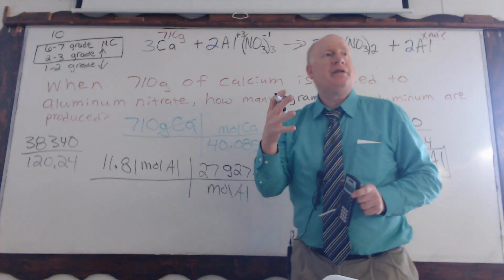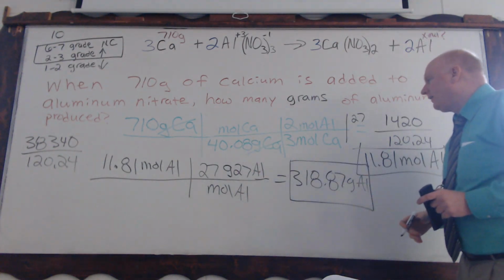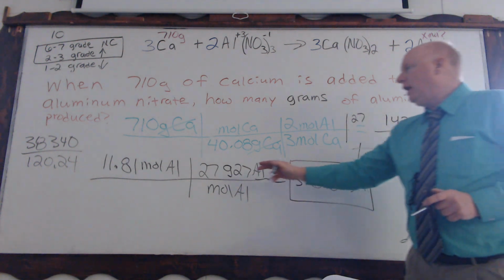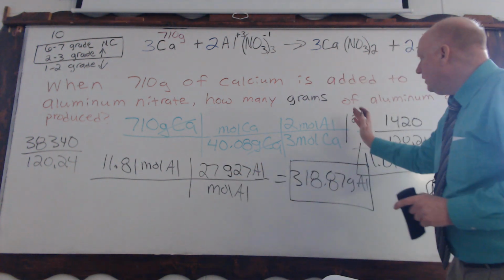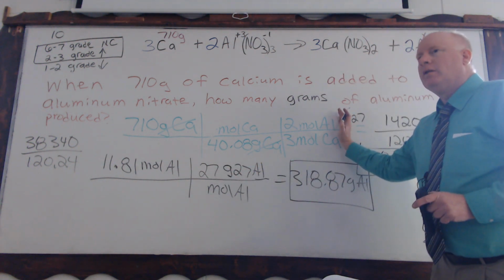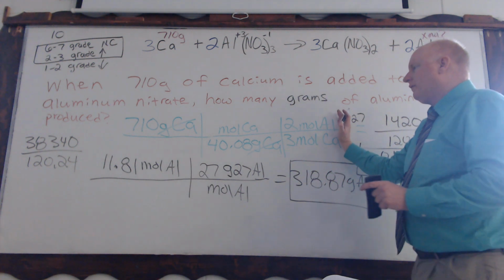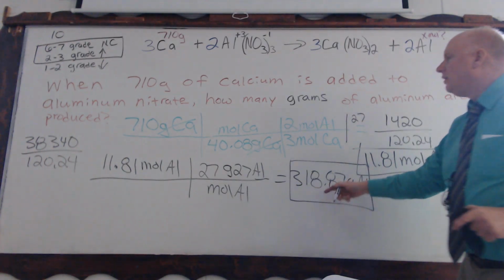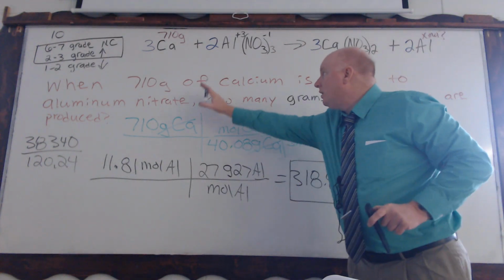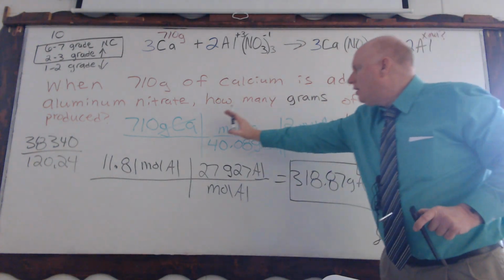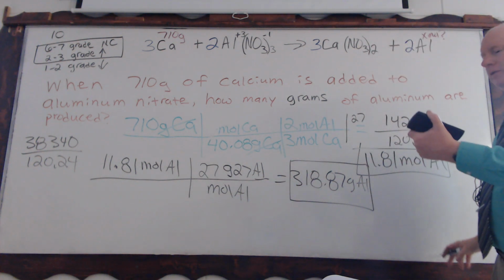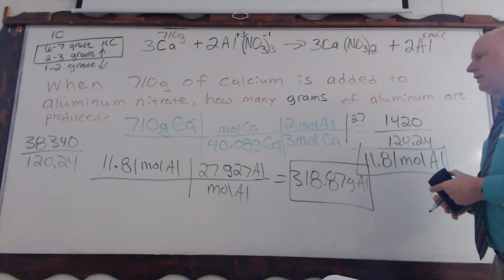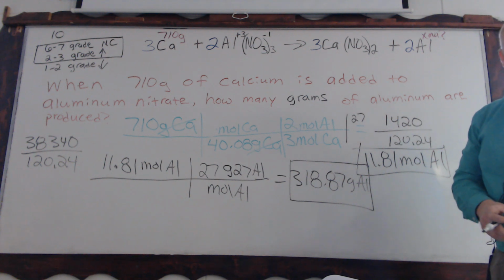Yes, we understand that, but mathematically speaking, this 11.81 ended right here. So then we took that 11.81 times 27 and got this. Or if this was changing mass to mass, multiplying everything out, you still come up with 318.87. So that means that has to be right.